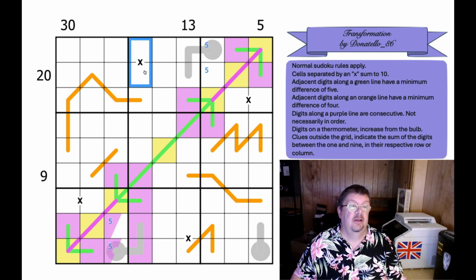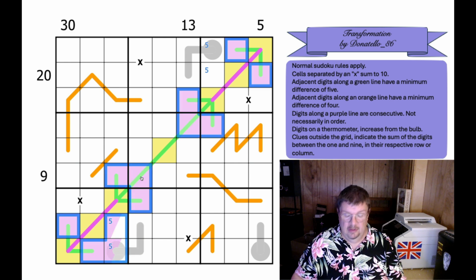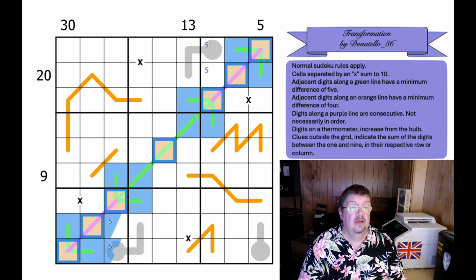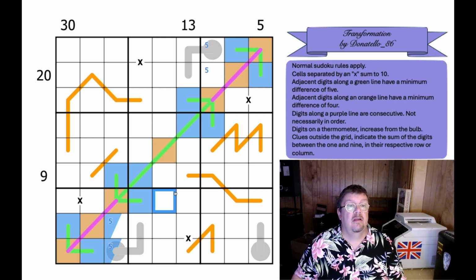But I have an X here, in which I need a high digit and a low digit. And that means I have 5 high digits. Therefore, pink is not high, but pink is low. I'm going to mark that as blue as a cold color, and I'm going to mark that as orange.